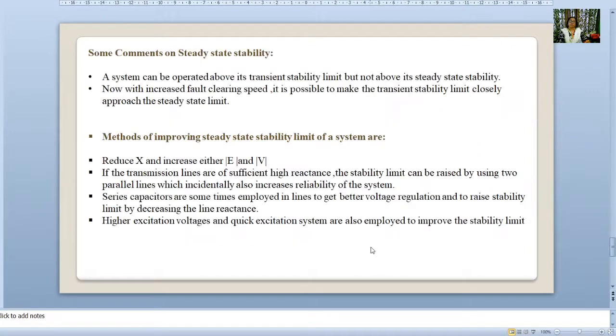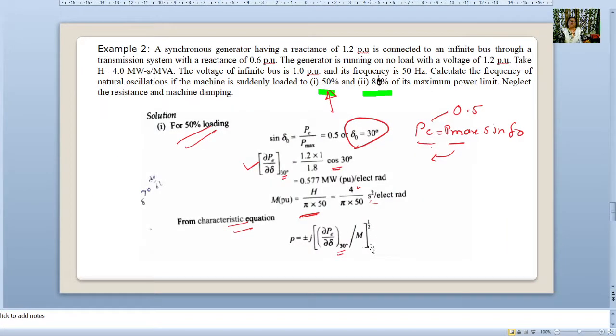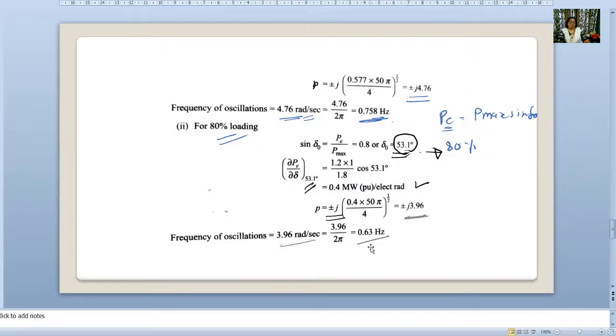So this is our question: calculate the frequency of natural oscillation if the machine is suddenly loaded to 50% and 80% of its maximum power limit, neglecting resistance and machine damping. I have not taken these examples before, so in the last lecture I took this one. This may come for 2 marks, either for 50% or for 80%.